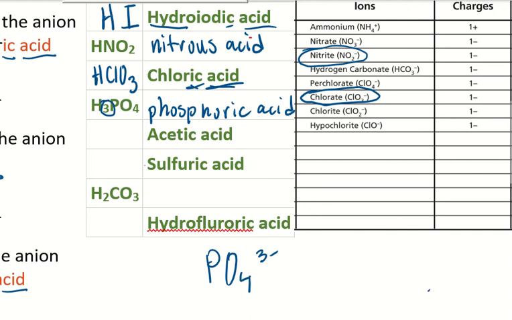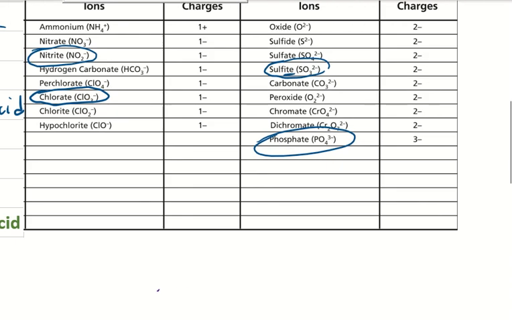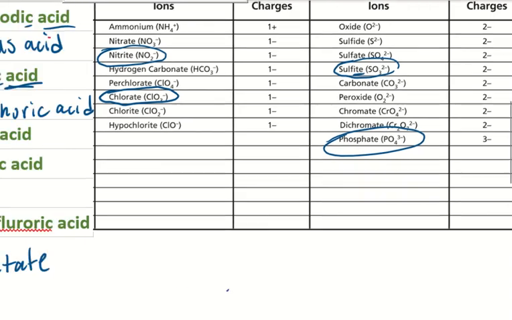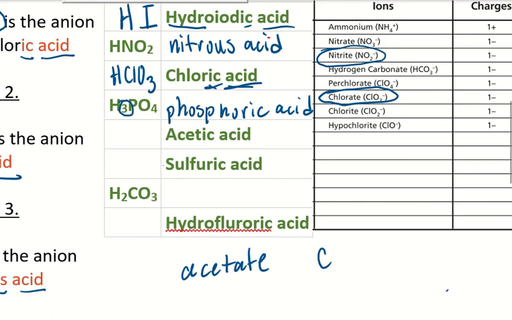What about acetic acid? What is that coming from? Ic acid comes from what rule? ATE. So you have acetate. So I look over here at acetate. Is it on here? No. Oh, that stinks. Acetate is C2H3O2 negative.